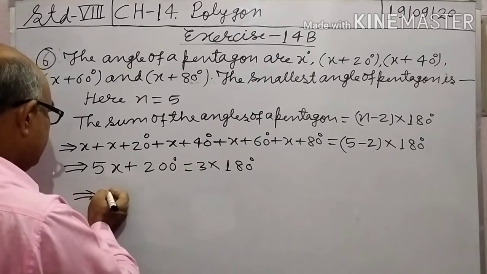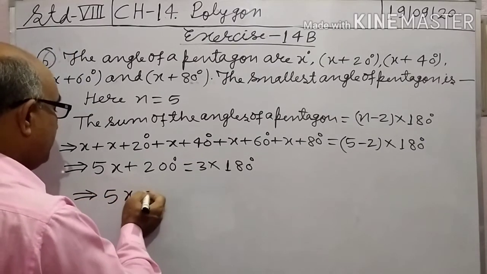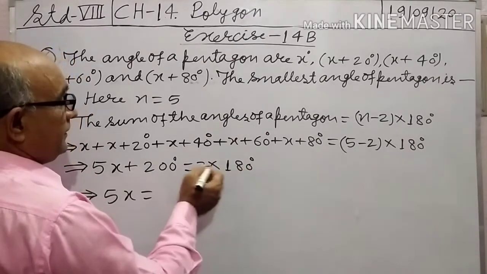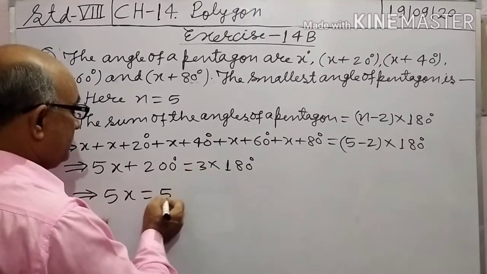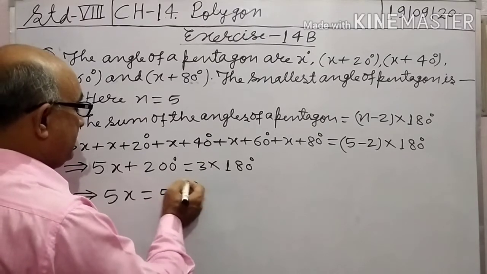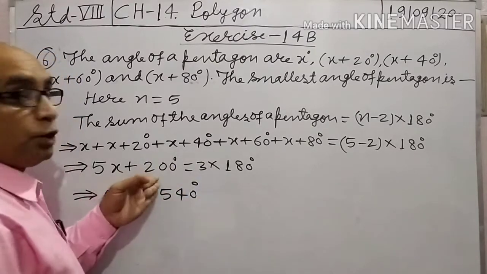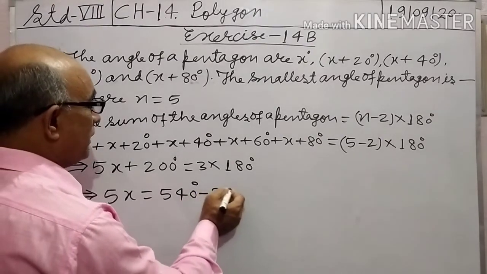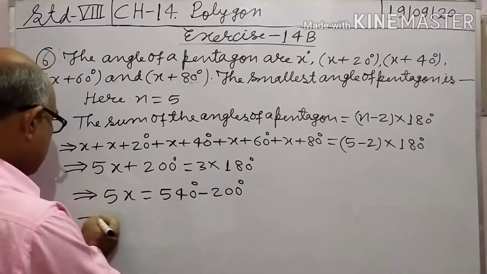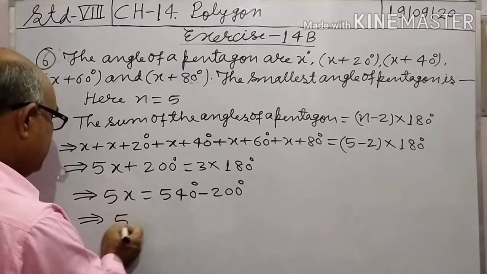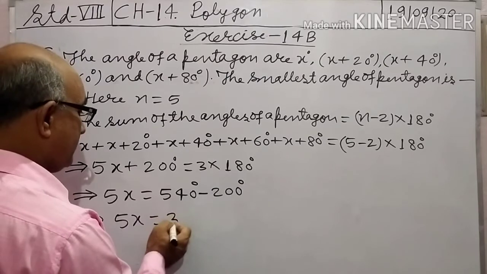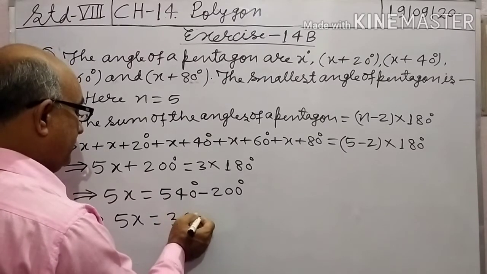That implies 5x equals 180 degree into 3, which is 540 degree, minus 200 degree by transposition. That implies 5x equals 340 degree.